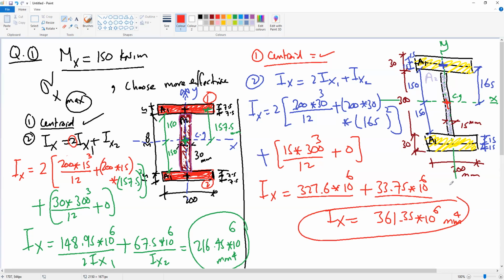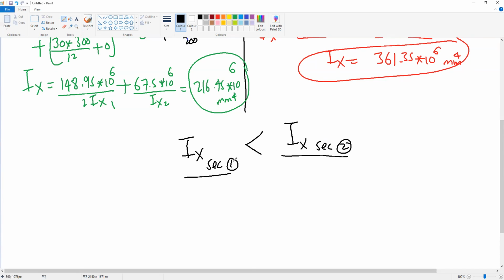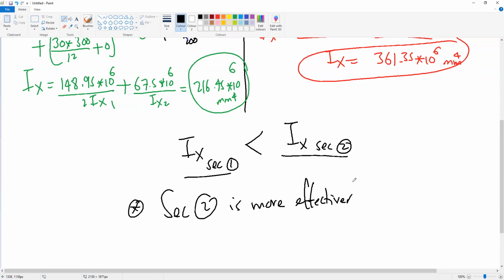Okay, so which one has a higher or bigger inertia? The inertia of section 1 is smaller than the inertia of section 2. So which section is more effective or stronger?